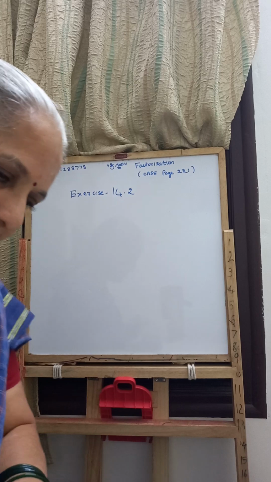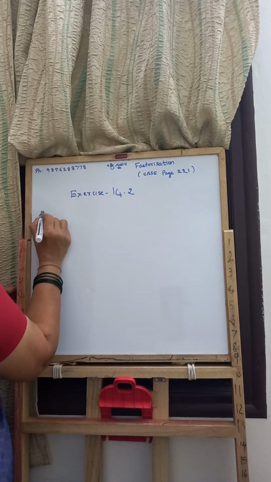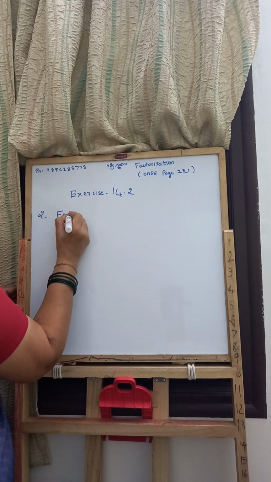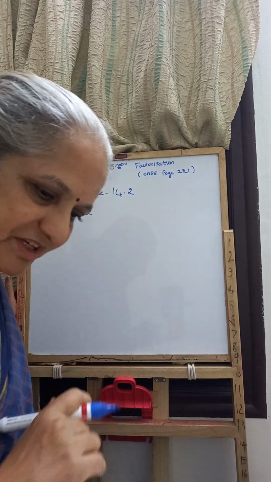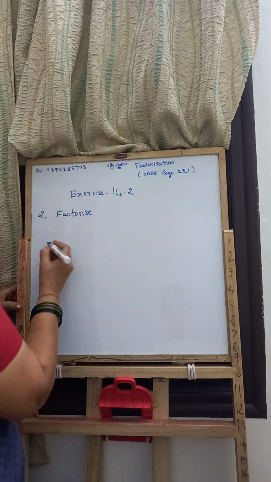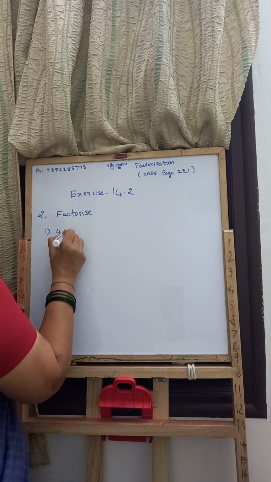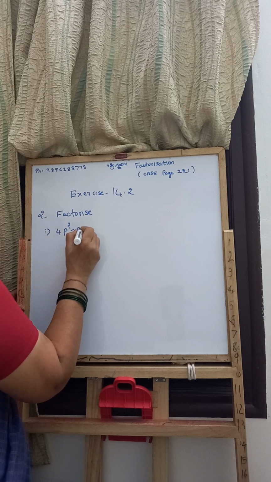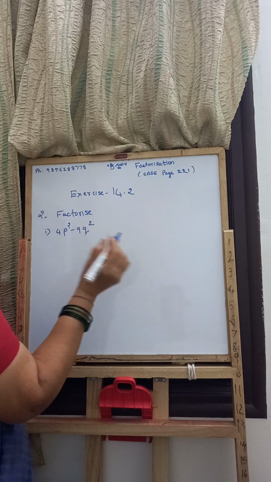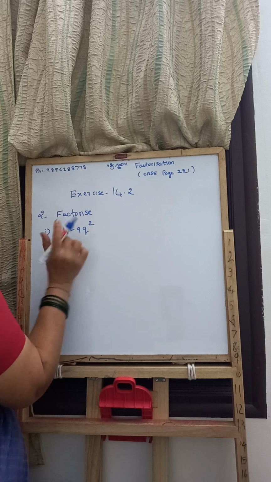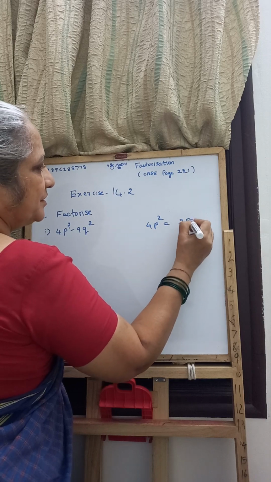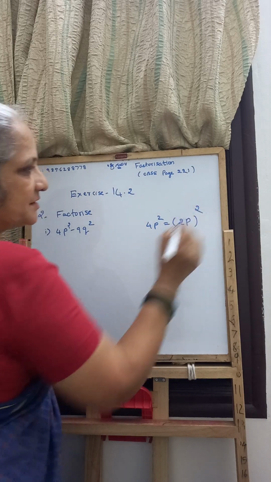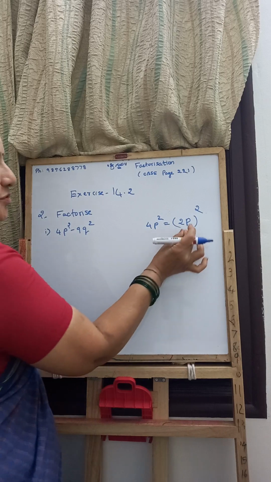We will go to second main. Factorize, first one, 4p square minus 9q square. By observation, we see that the first term, 4p square, is the square of 2p.